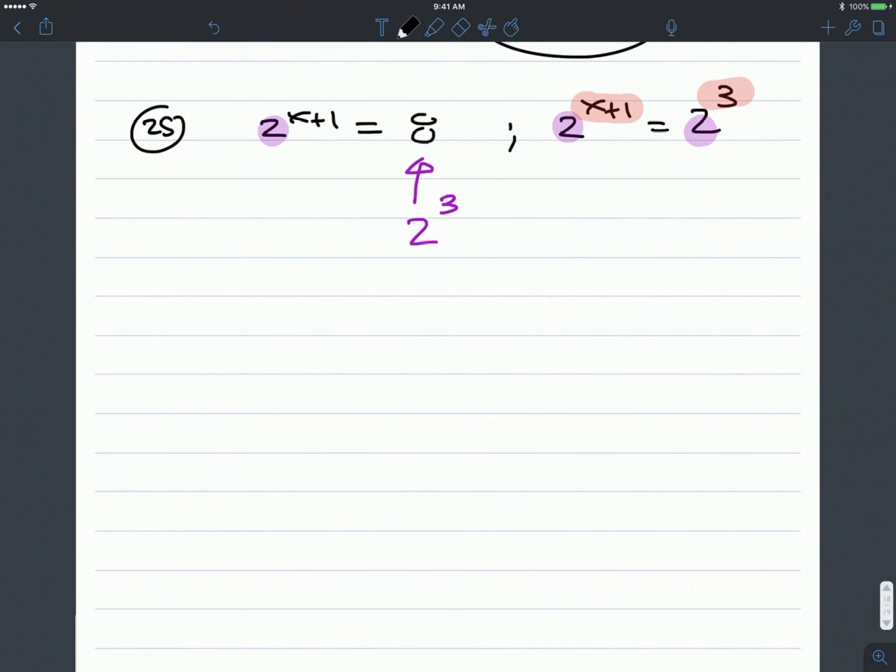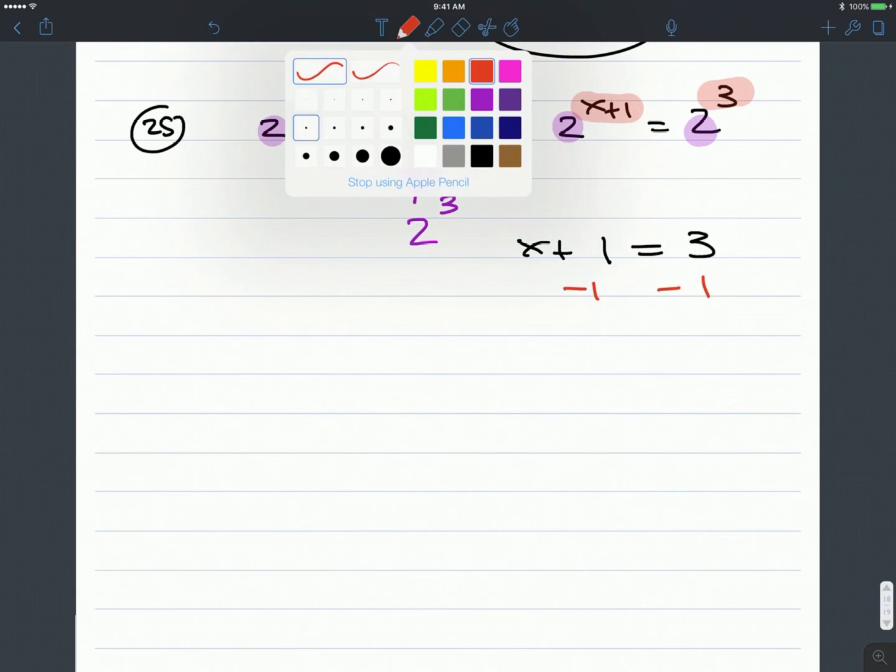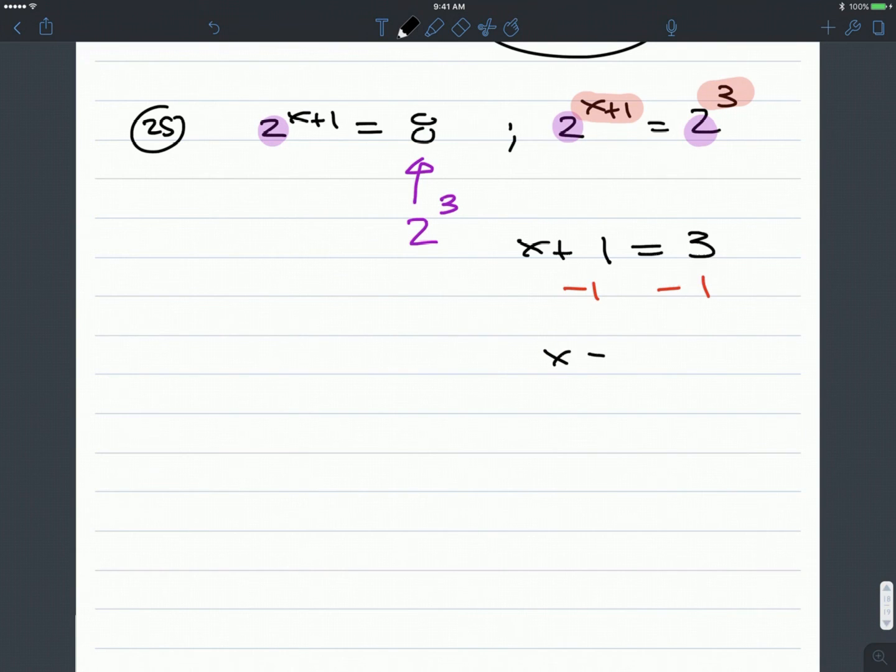What that means is x plus 1 is the value 3. Okay, you okay with that? So the powers have to be the same. Can you guys solve this for x? Yeah. Subtract 1 from both sides. x is 2.